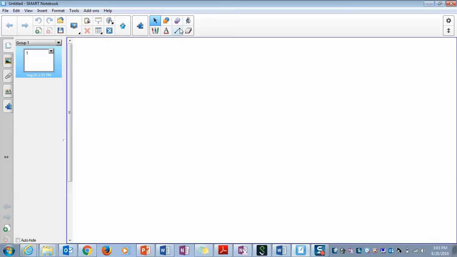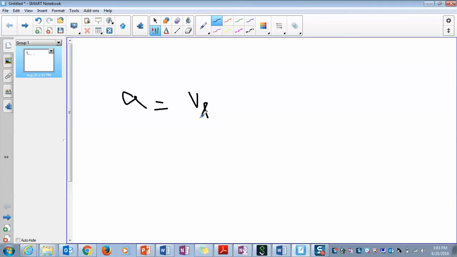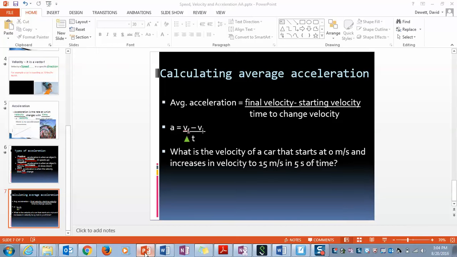Pardon the bad writing because I'm doing this on my computer. Acceleration equals vf minus velocity initial divided by delta t. So we're going to plug in the numbers. vf was the second one, so it sped up to 15 meters per second.